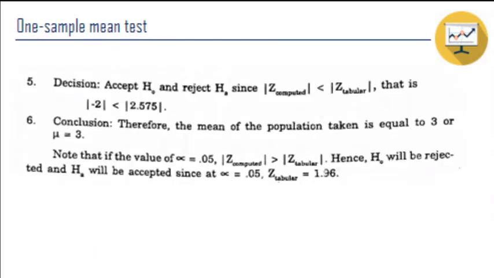The z computed that we got is negative 2. So, the absolute value of negative 2 is greater than 1.96. In that case, we will reject the null hypothesis and accept the alternative hypothesis. Okay, so that's how it is.